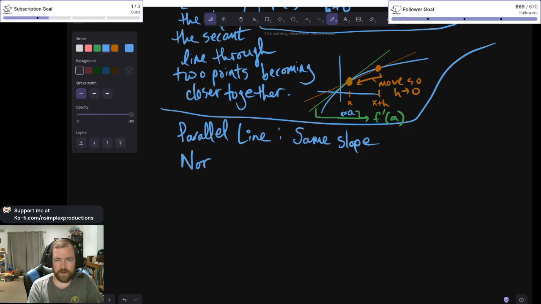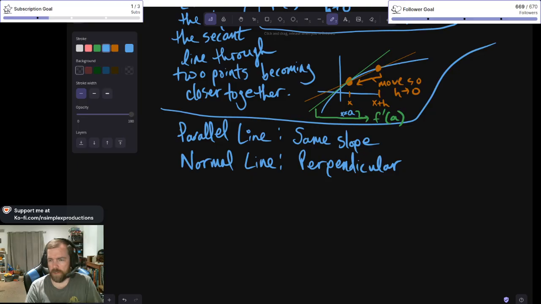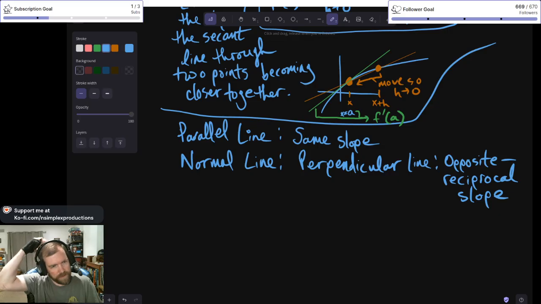If you are looking for a normal line, it's going to have a perpendicular line, which really means that we have the opposite reciprocal slope.